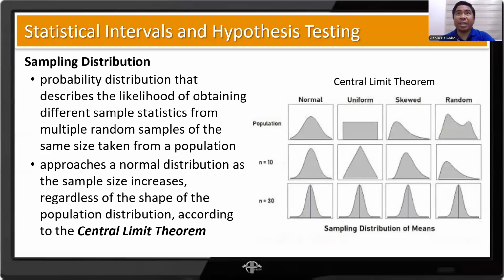If you meet the minimum sample size, then you can be assured that you have a normal sampling distribution. I would like to emphasize that. The rest of our topics apply only to normal sampling distributions, and we can get that by having the right sample size.